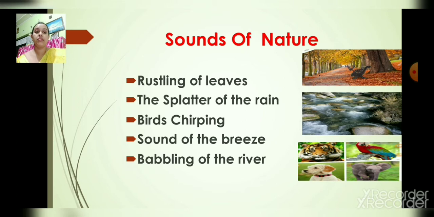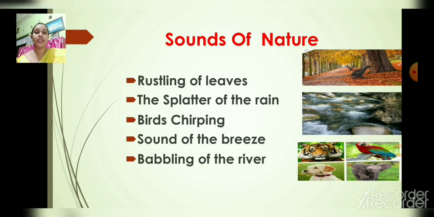This one, birds chirping. Yes, we all like that. Birds chirping. That is also a nature sound. Now this one is the sound of the breeze.